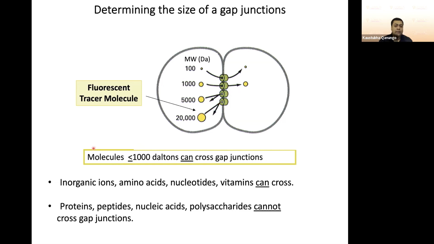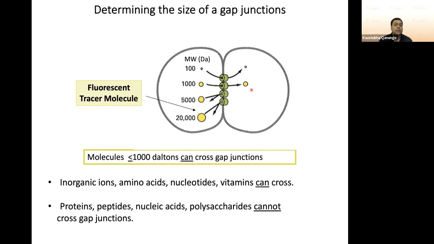So you can easily see that gap junctions only allow molecules of approximately 1,000 Dalton, or 1 kilodalton, kDa, to cross. So what are these molecules? They could be inorganic ions, amino acids, nucleotides, and vitamins.